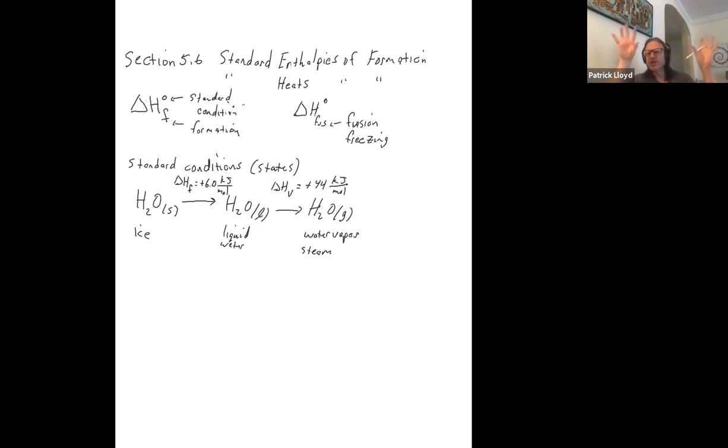So that means the state of matter is important if we're going to come up with a table of delta H values. So these two values here, 6.0 and 44, are all dependent on the state of matter. And that is true for a chemical reaction as well. So for example, let me show you a good example because I know the numbers.